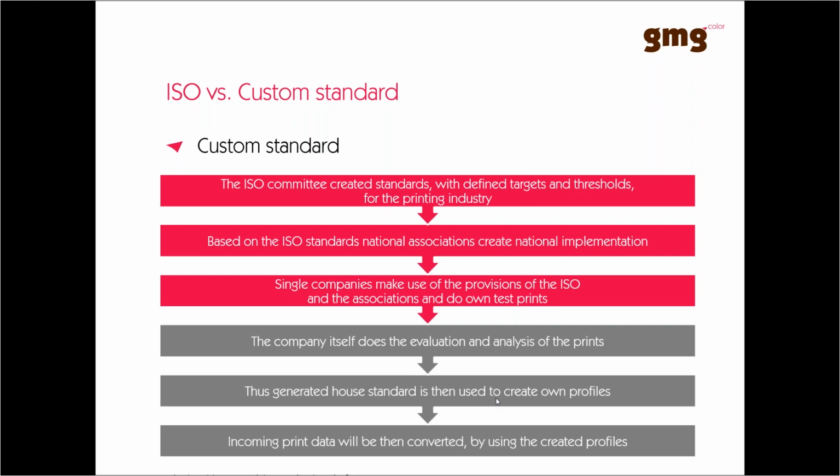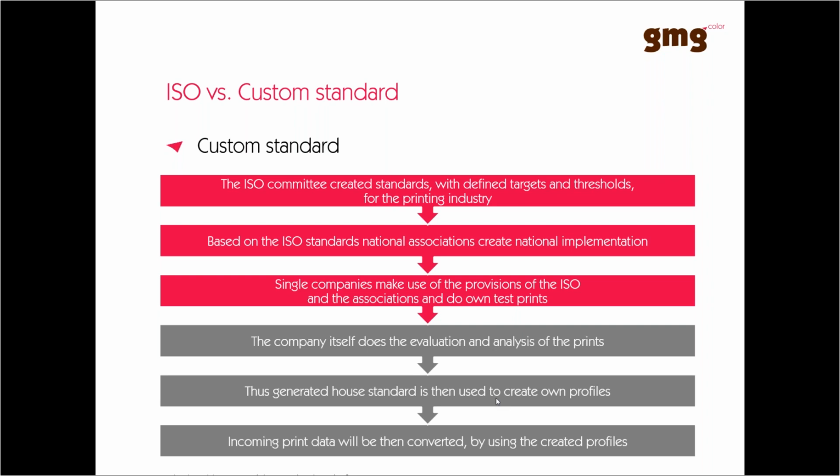And in the last step, use the incoming print data that you get and convert this by using your own created profiles. What you also can do is you can communicate this to your partners in that printing process. For example, provide your proof profiles to your partners and say, look here, this is what I can print with my machines.